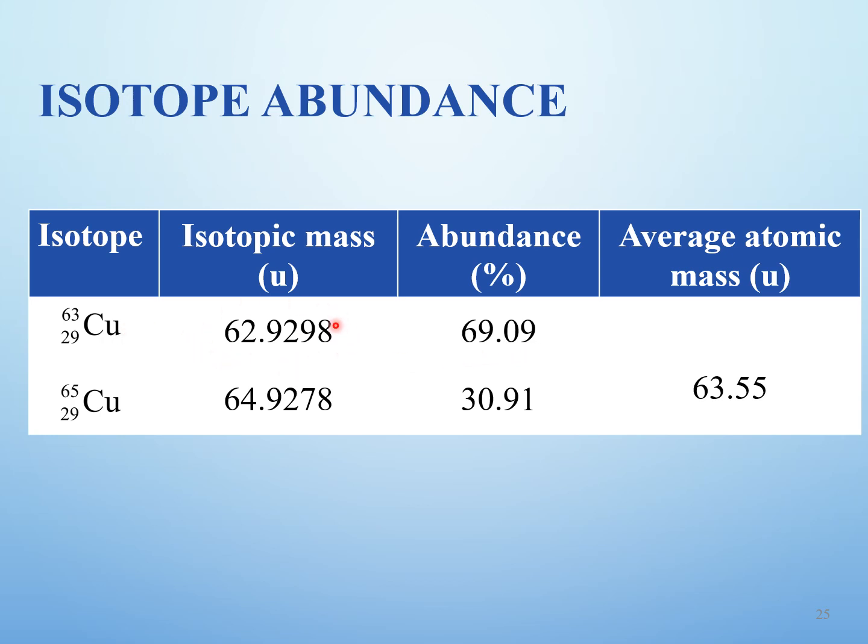So this one has a lot more impact. It happens more commonly than this one. This one's only 30% of the time. So when you take an average of these occurrences plus the individual masses, the average comes out to about 63.55, which is closer to 63 instead of 65.